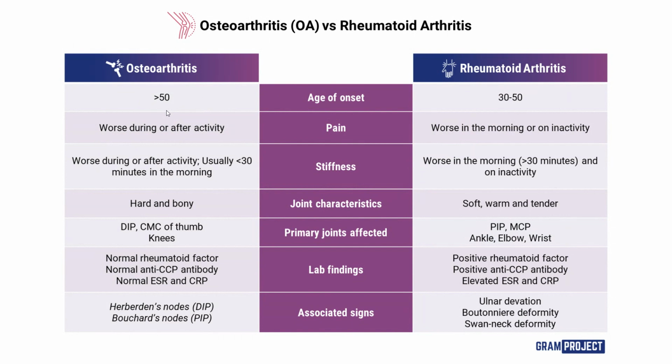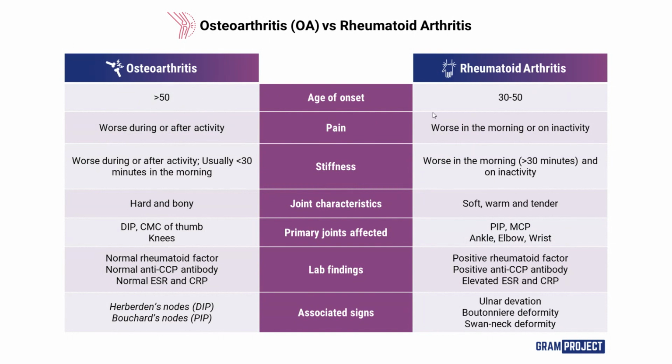So the more you grow, the more likely it's going to be an osteoarthritis problem. If it's their pain, usually with osteoarthritis, the pain is worse during or after activity, whereas in rheumatoid arthritis, it's worse in the morning or after inactivity.